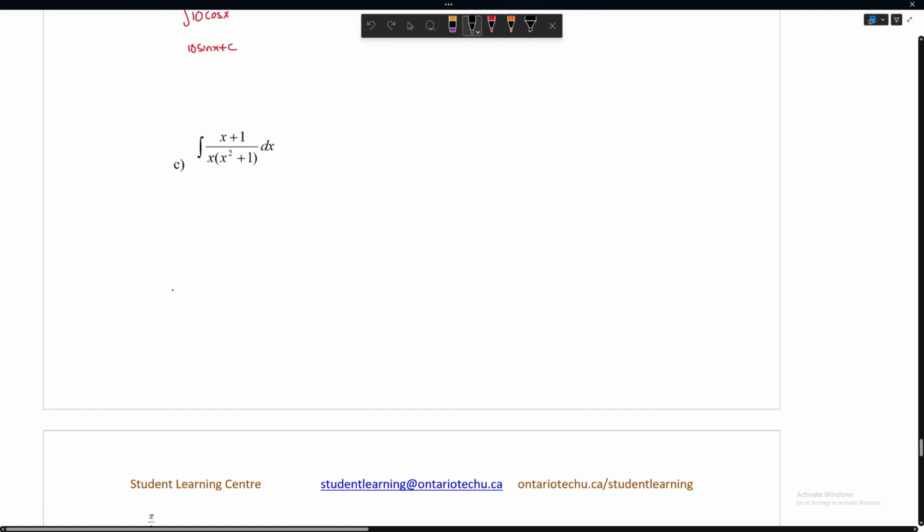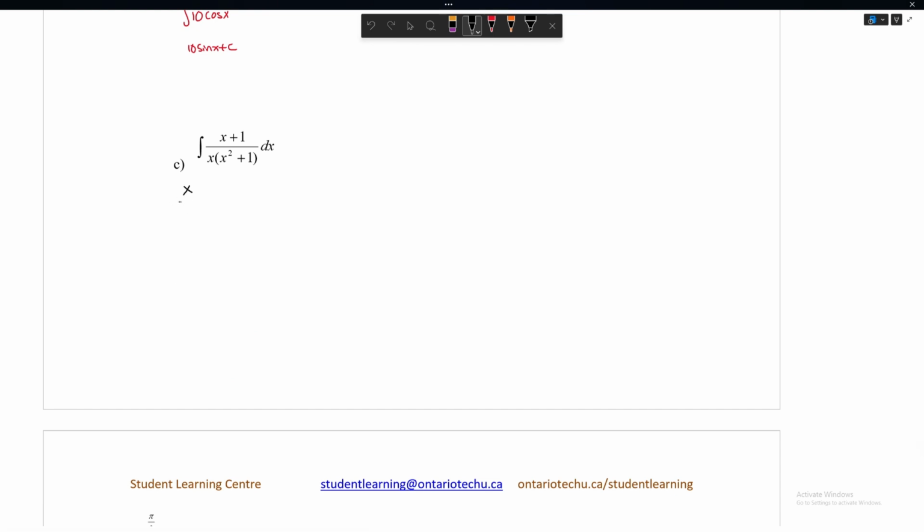All right. So for this question, what you can actually do is split it. So you'll get x over x squared plus 1, and this is going to be plus 1 over x squared plus 1. Now when you integrate this, these two will actually cancel out.